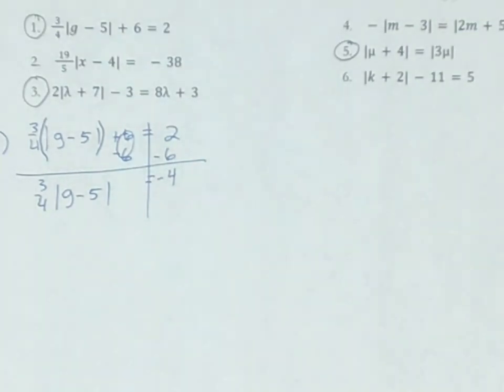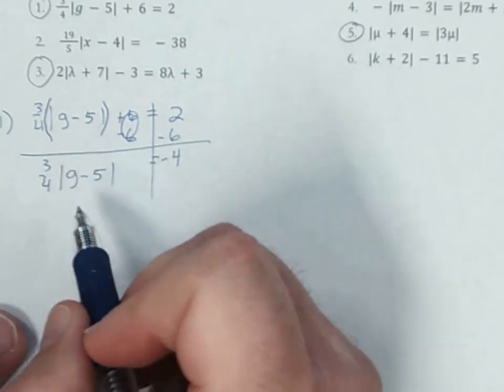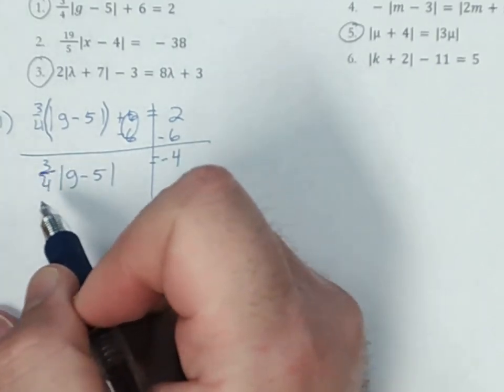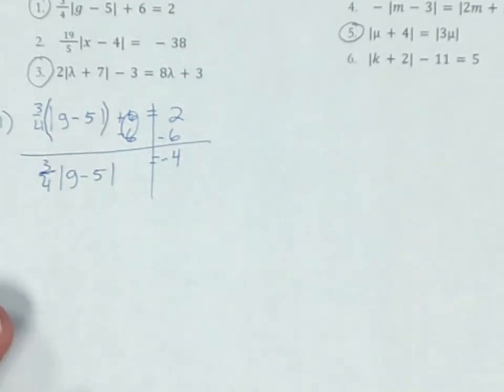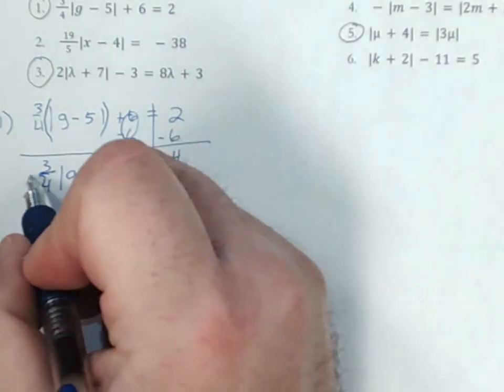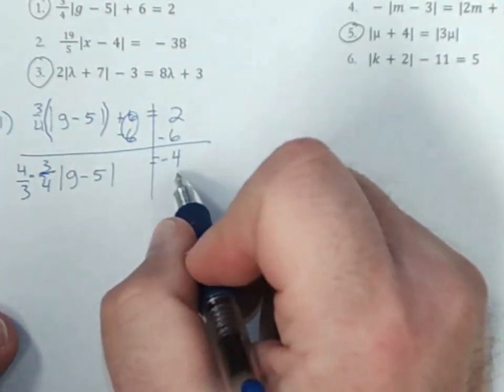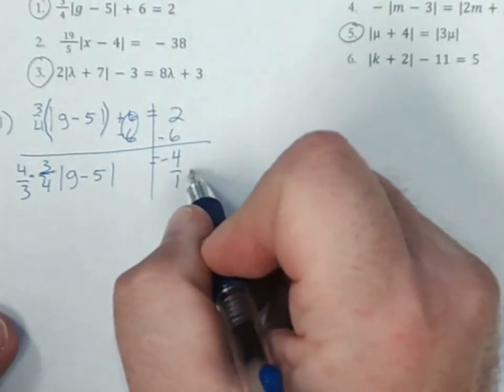Now I need to undo this multiplication by 3/4. The opposite of multiplying by 3/4 is either dividing by 3/4, which you can absolutely do, or multiplying by 4/3. I'm going to go ahead and multiply by 4/3. So I will make this a fraction by putting it over 1.